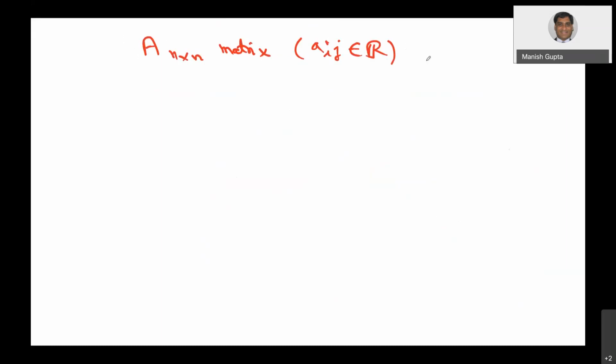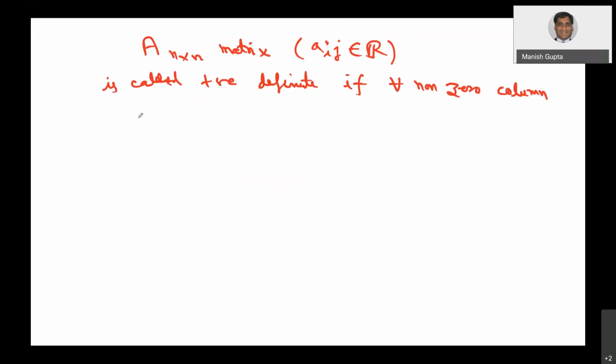This matrix is called positive definite if for every non-zero column vector v equal to (v1, v2, ..., vn), a column vector of size n, we have v transpose A v positive.